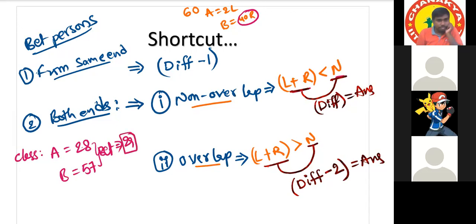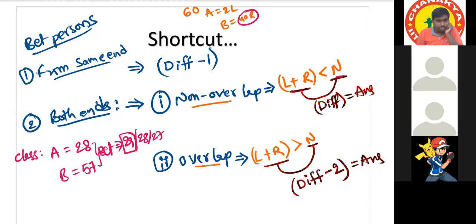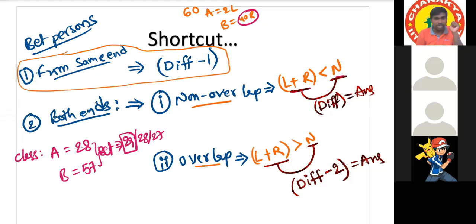I think it's 28. Yes, sir, it's 28. What is the shortcut here? Total number of people is not required for this question. Even if I give the total number of persons, that is independent. The question is not dependent on that.